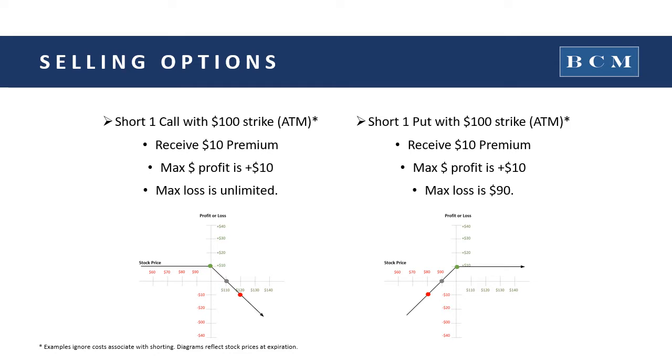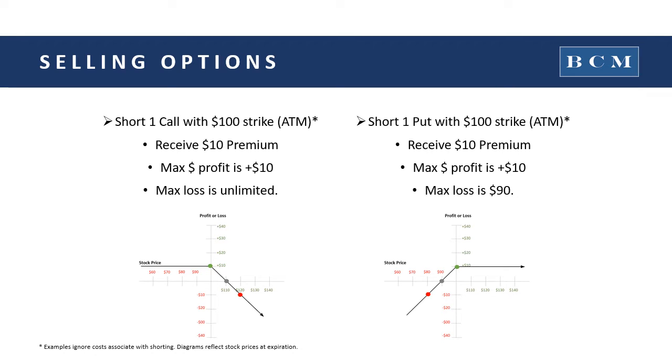Now on the right side of this page, we have a profit and loss diagram for a short put position. Again, this is just a long put position flipped upside down. We're going to sell an at-the-money put with a $100 strike price, and we're going to receive a $10 premium.